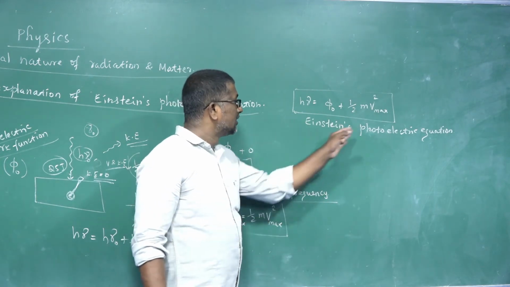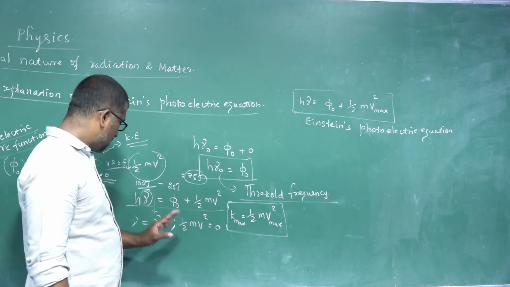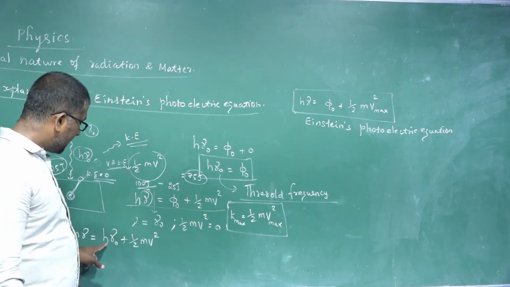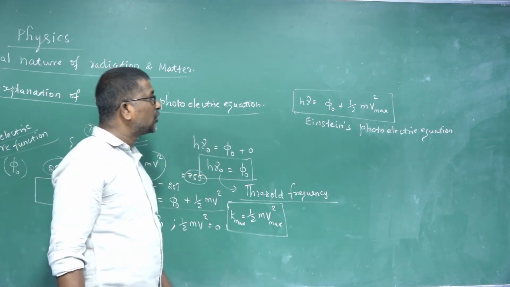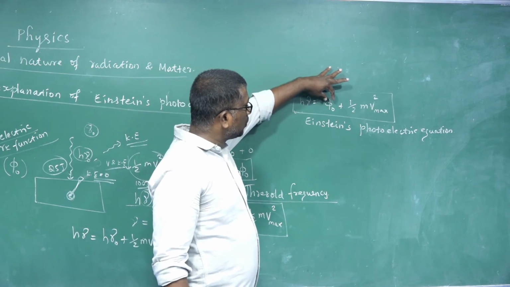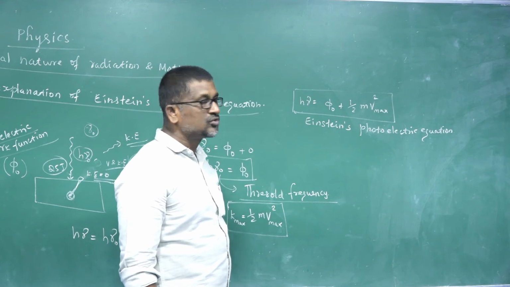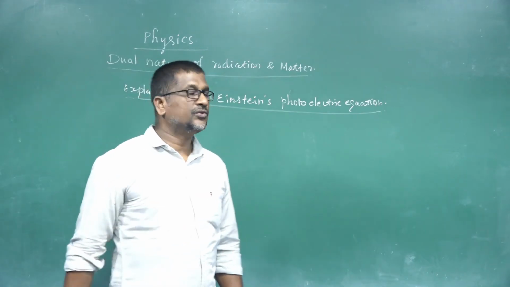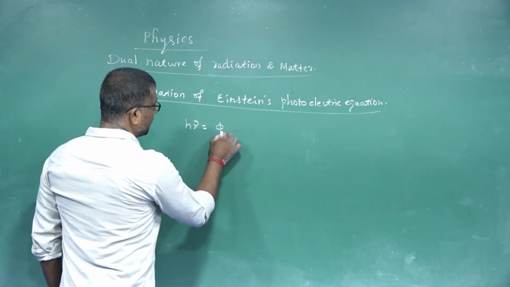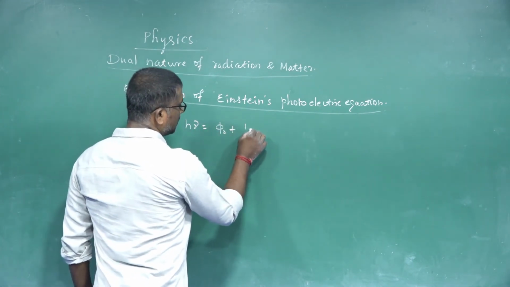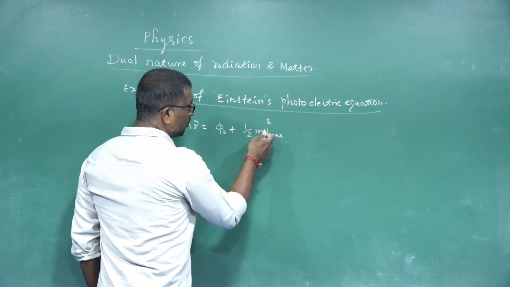Otherwise, the equation should be h nu is equal to phi naught plus half m v square, or h nu is equal to h nu naught plus half m v square. But Einstein's photoelectric equation is h nu is equal to phi naught plus half m v square maximum.